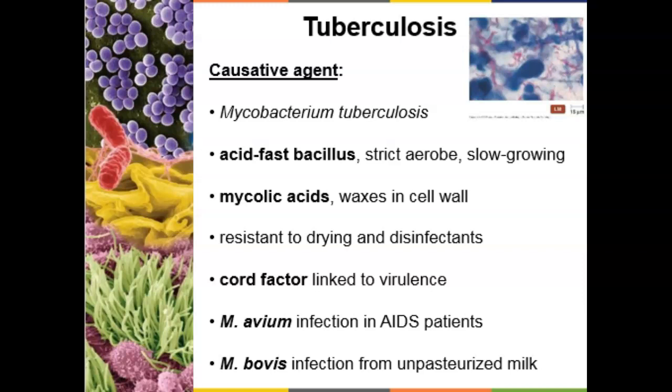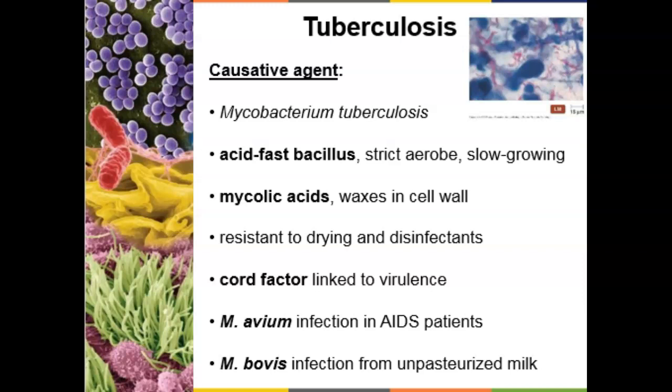There's what's called the Cord factor, and this is almost like a string that comes off of the bacteria, and it is linked to its virulence, how well it causes disease. And then there are some different strains. Besides Mycobacterium tuberculosis, there's Mycobacterium avium, which is seen in AIDS patients.